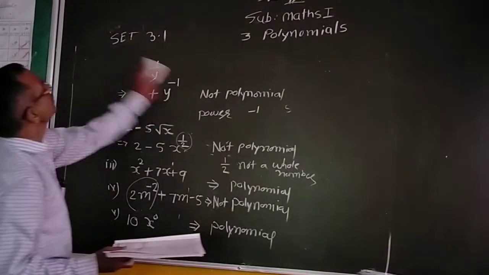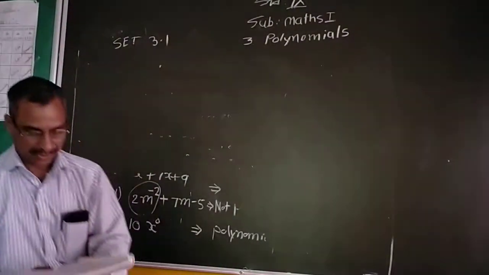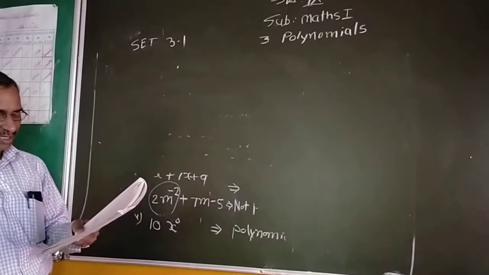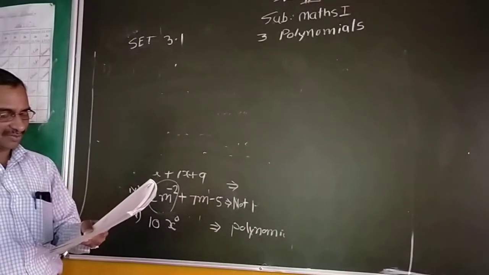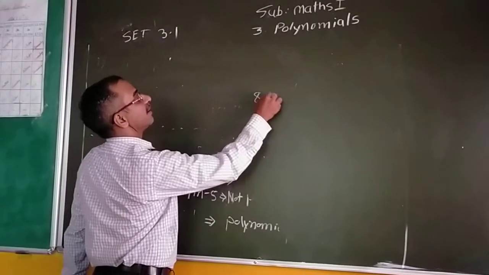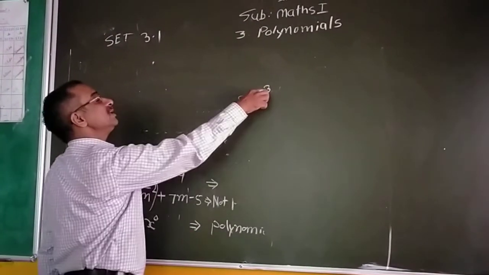Then question number 2: Write the coefficient of m cube in each of the given polynomials. Coefficient: suppose this term is 8x raised to 3. What is the power here?